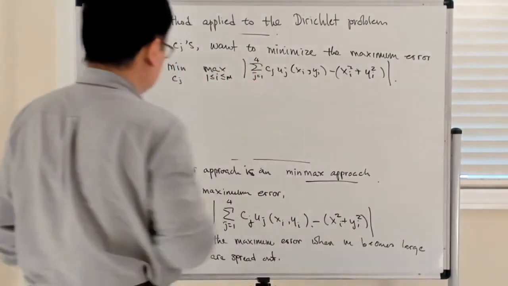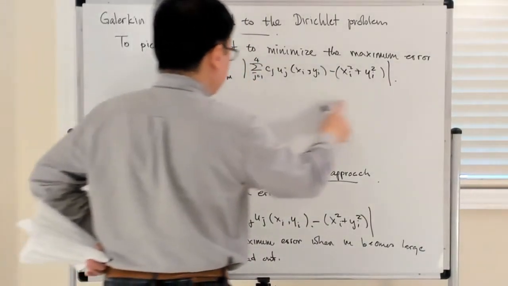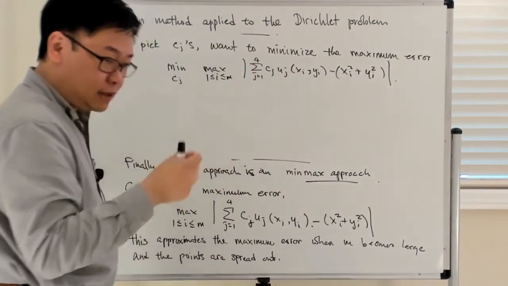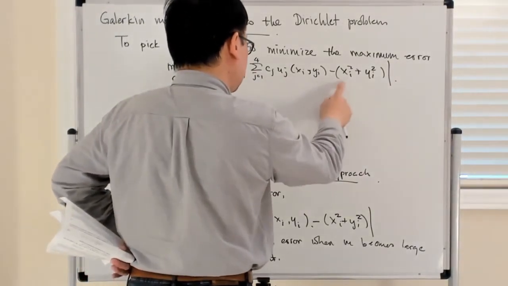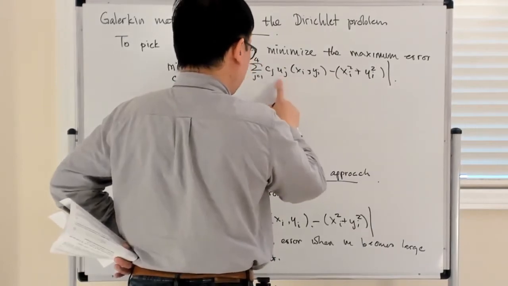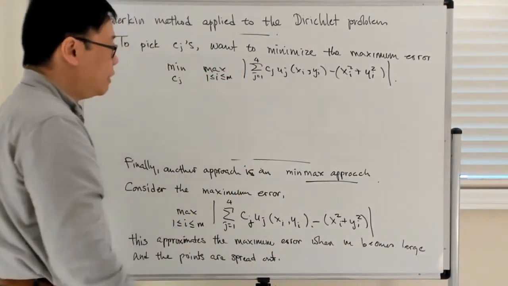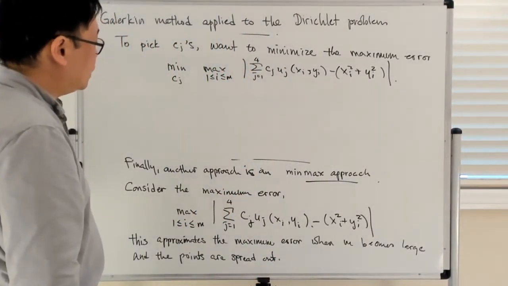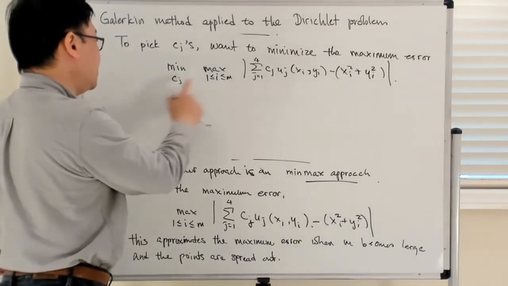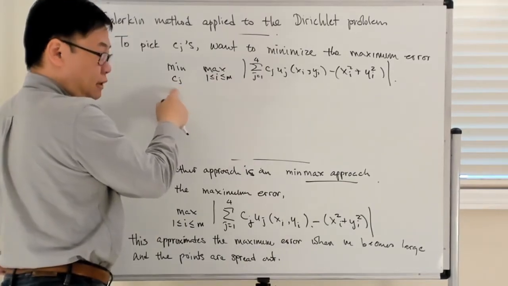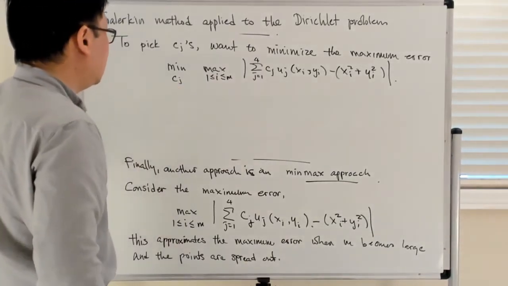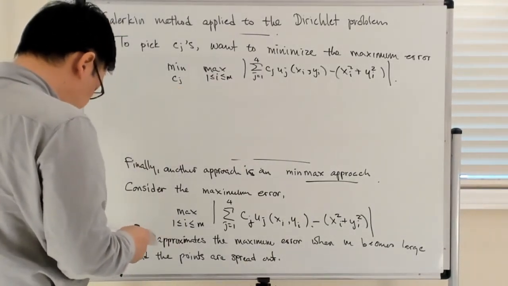Again, this thing here is an approximation of the maximum pointwise error one makes by replacing the actual prescribed boundary data by this linear combination of basis functions. And then I want to minimize that maximum pointwise error by choosing the Cj's appropriately.